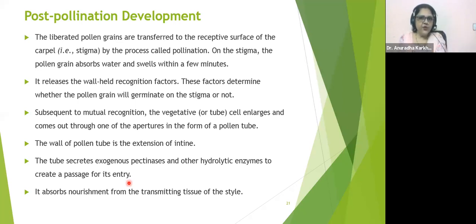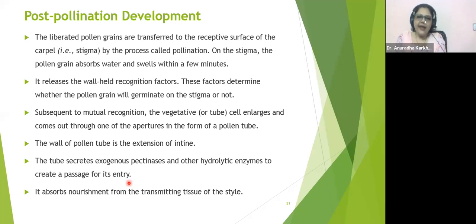Okay? Got this? What's your doubt, beta? So the pollen grain relieves the wall-held recognition factors. No, pollen grains won't. Exogenous means outside. Exo means outside. Genus is generation.